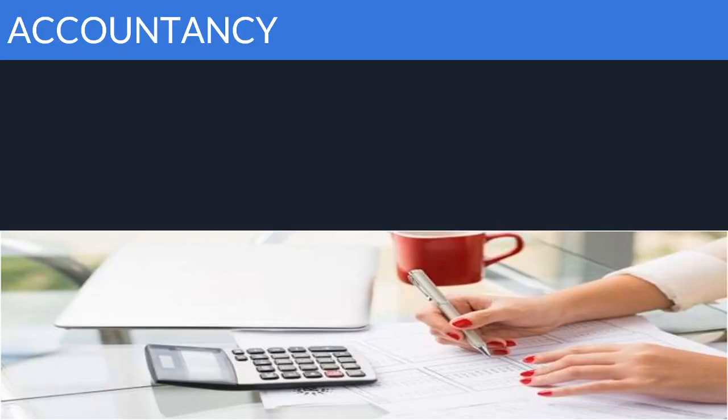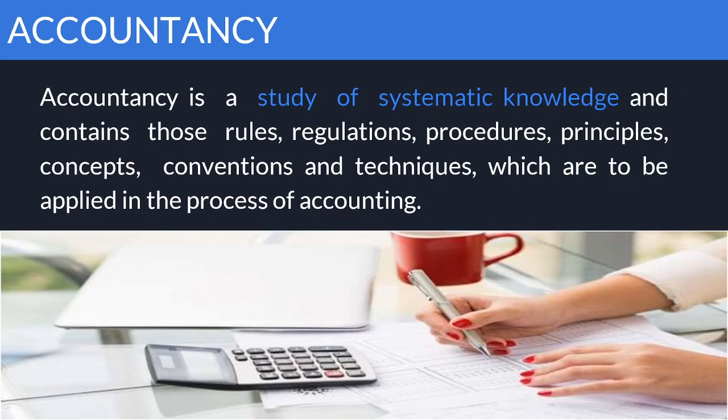Now let's talk about accountancy. You must be wondering that accounting and accountancy seem to be the same, but they are different. Accounting is a process, it is an art, whereas accountancy is a study of systematic knowledge and contains those rules, regulations, procedures, principles, concepts, conventions, and techniques which are to be applied in the process of accounting.